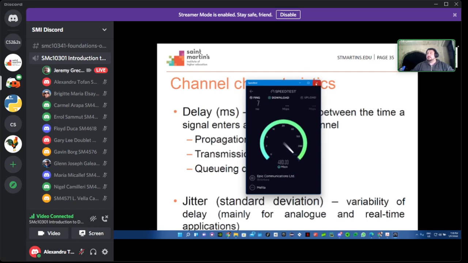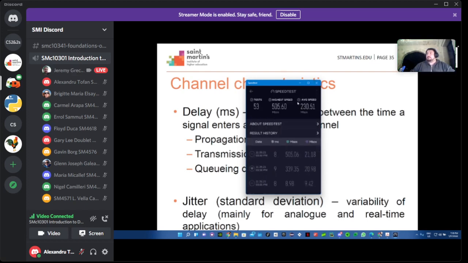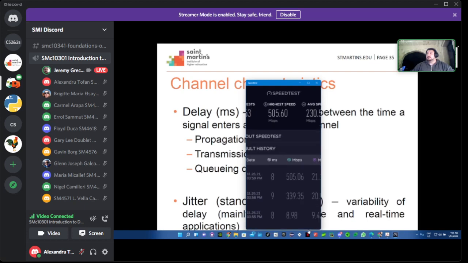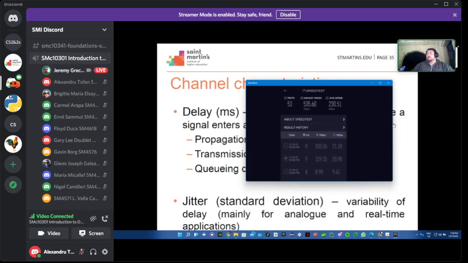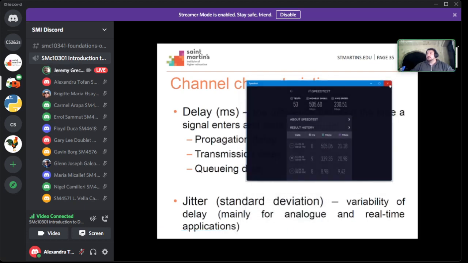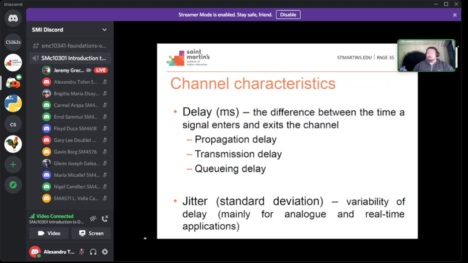This device doesn't actually show it, but you would be able to see the jitter as well on several devices and so on.